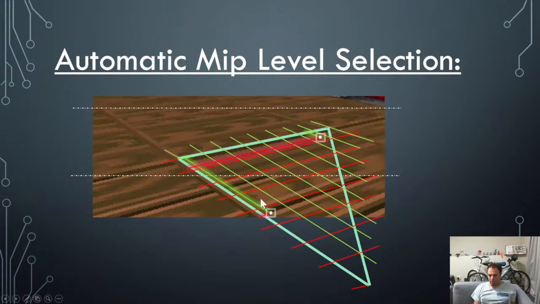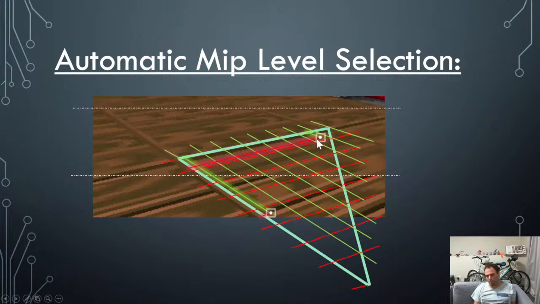And we want to basically gauge it such that we want one pixel to correspond to one texel of the sample behind it, ideally. So we want to get closer to that.